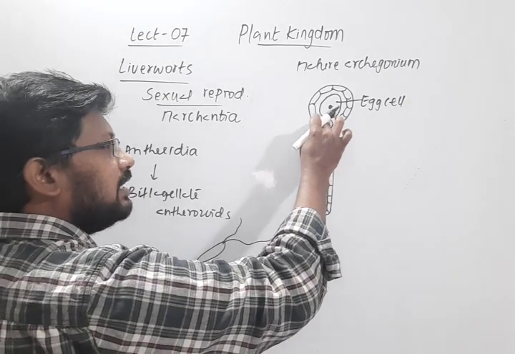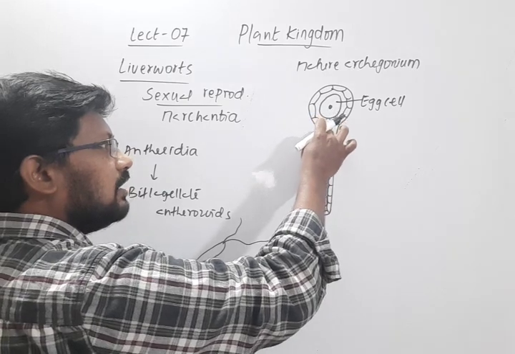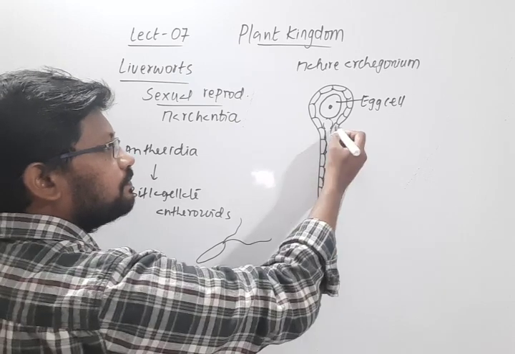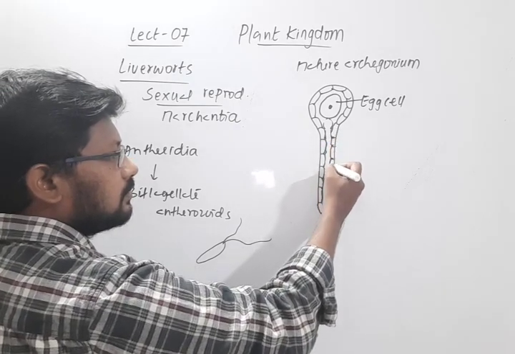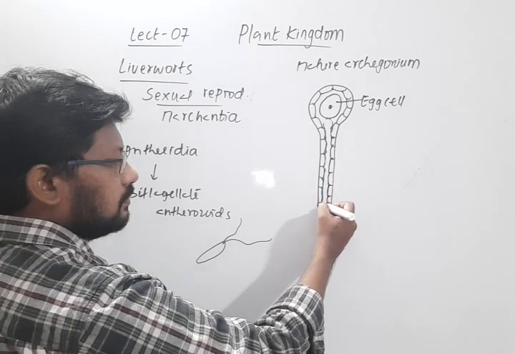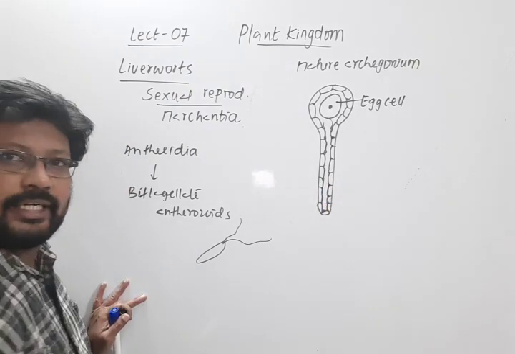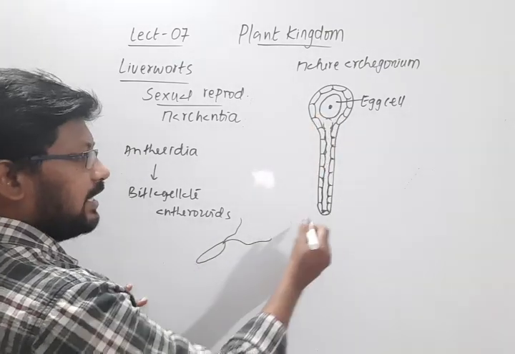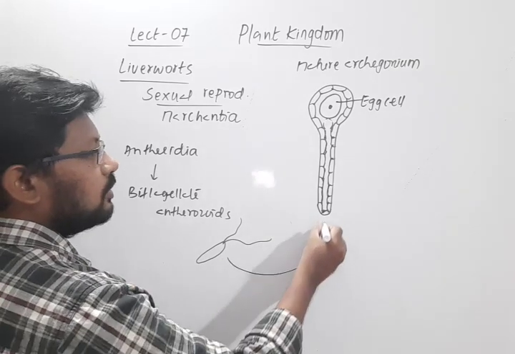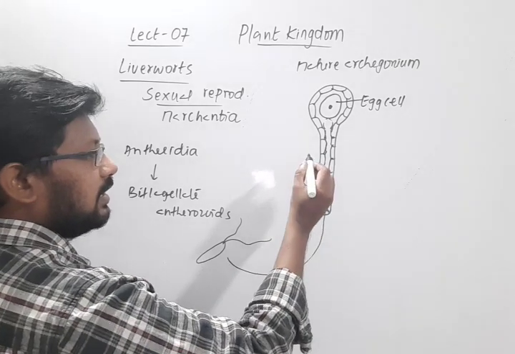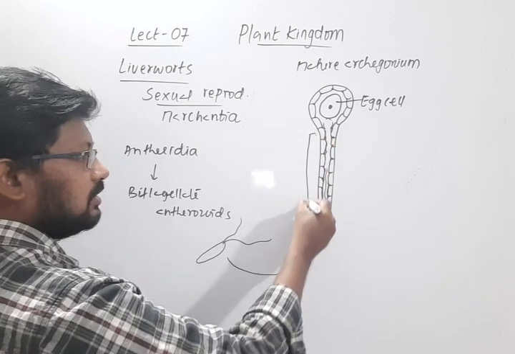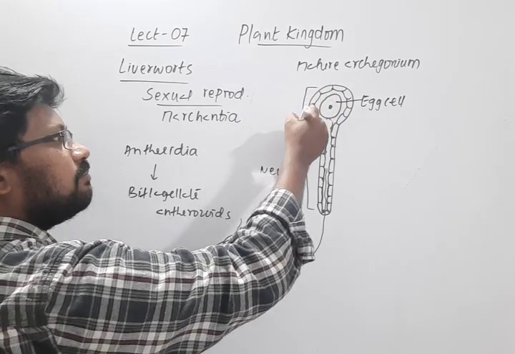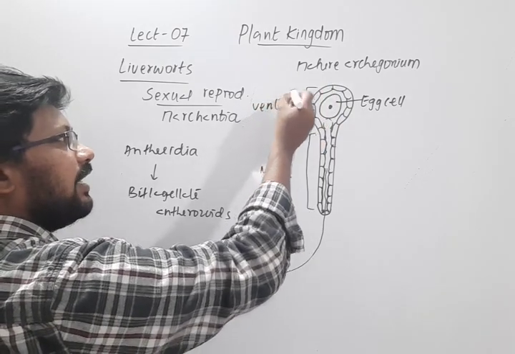By that time, the canal cells degenerate, and the biflagellate antherozoids pass through this region, which we call the neck, and this part we call the venter.